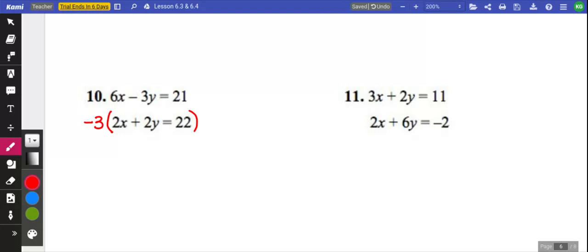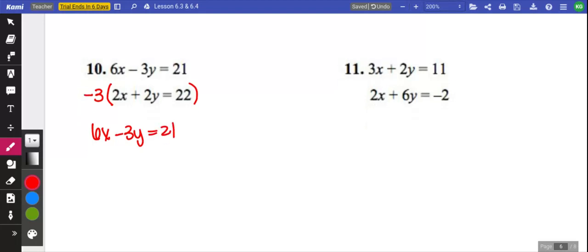However, whenever you multiply by a number, you have to multiply it to the whole equation. So that's why I wrote it kind of like a distributive problem. So my top equation is going to stay 6x minus 3y equals 21. And now my bottom equation with distributing is going to become negative 6x, negative 6y, equals negative 66.